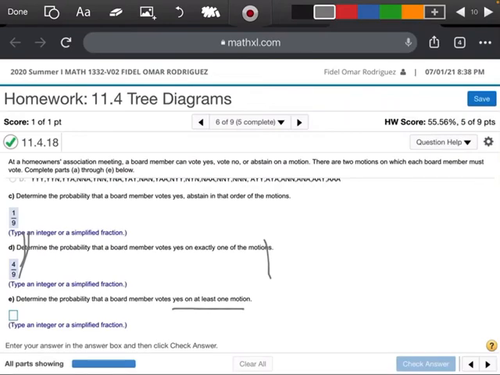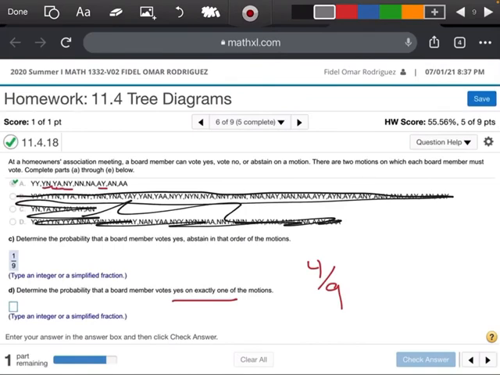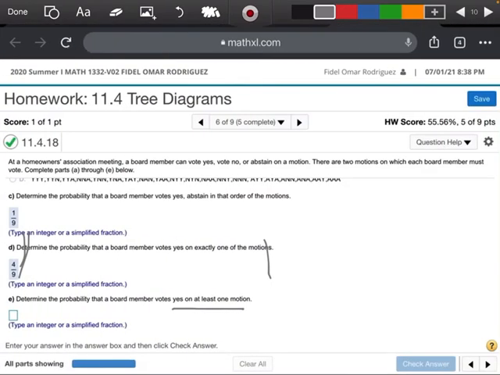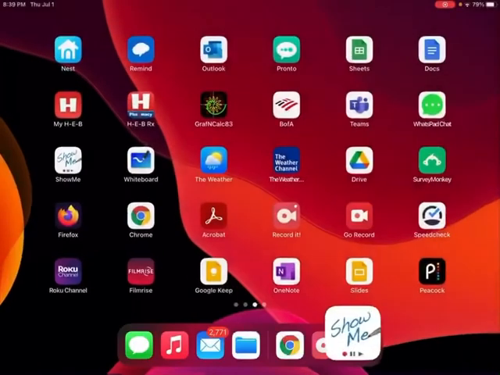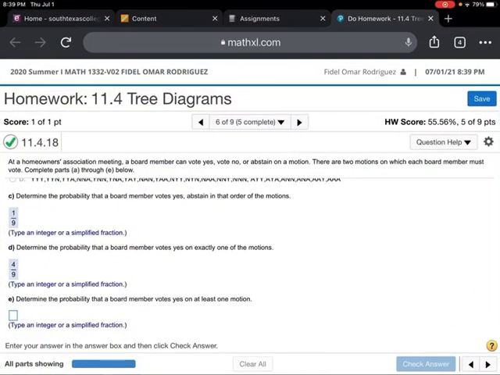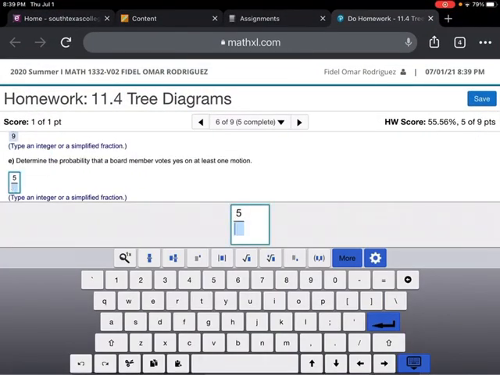Okay, so yes on at least one means one or more. So we already have the 4 here, 2, 3, 4, and this one we can use as well, because at least one means one or more, right? So we already had 4, so we're going to have one more. That's going to be 5/9, right? So I'm going to come back to my choices, and I'm going to go 5/9, and we're going to check our answer, and we got it.